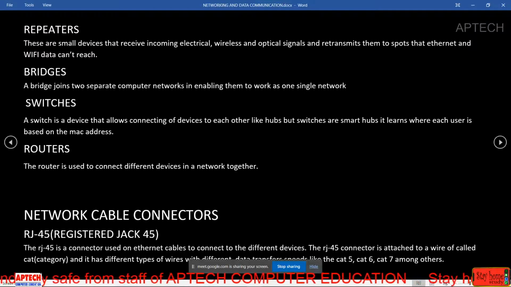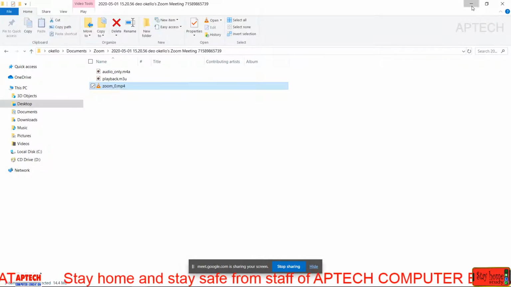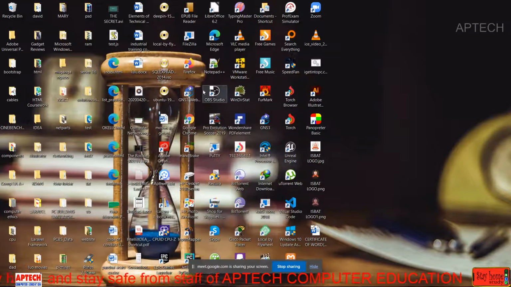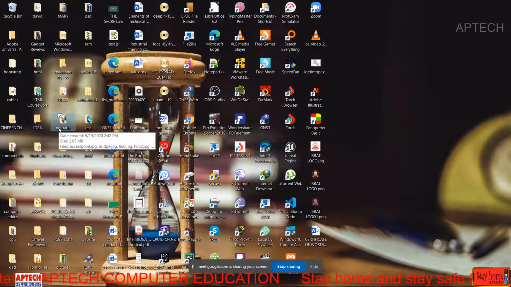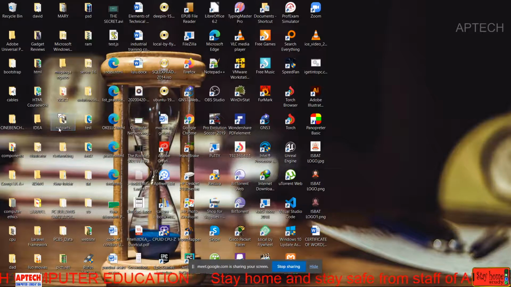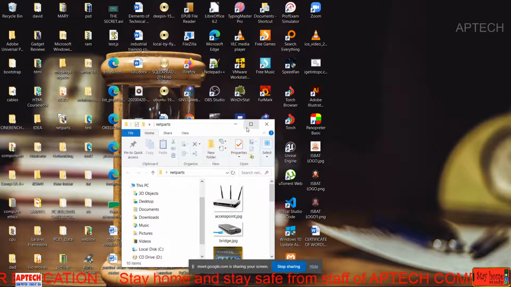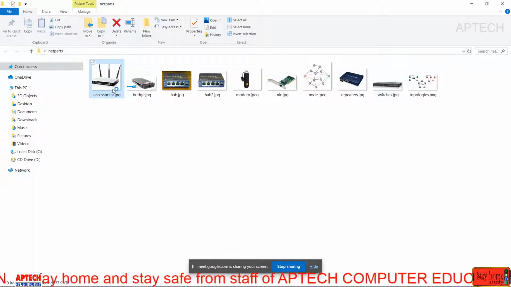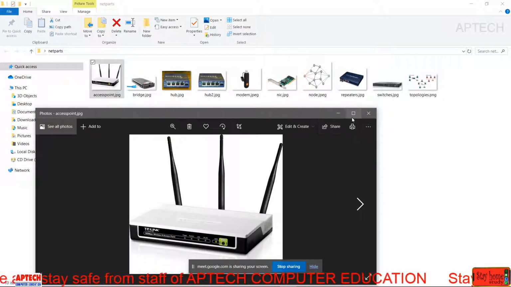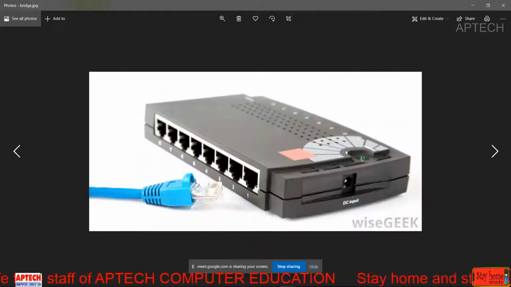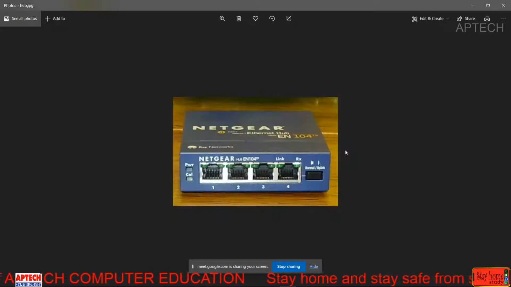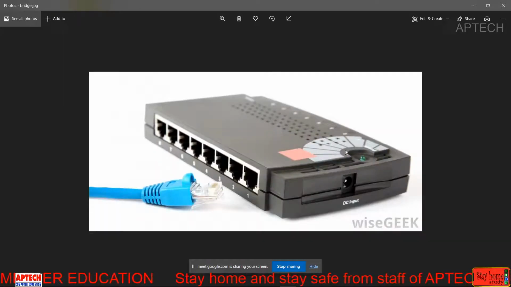And then network cable connectors. I don't know if I have my diagrams here, but I have a picture of the RJ45. Are you seeing?